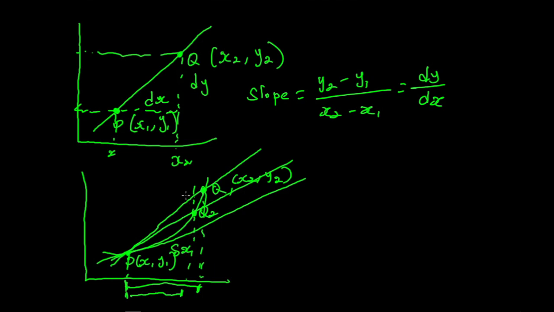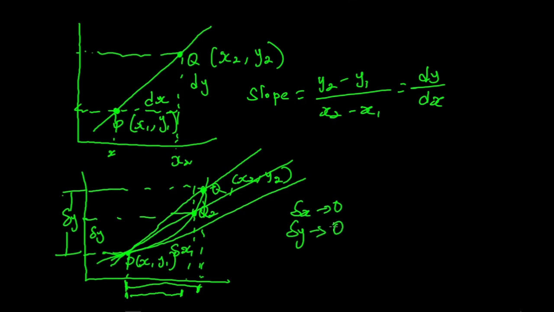Also delta y, if this is our delta y in the first case, from here to here, and in the second case, this is our delta y. We see that as Q is moving closer to P, delta x is reducing, and that means delta x is approaching 0. Also, delta y is reducing, delta y is also approaching 0.